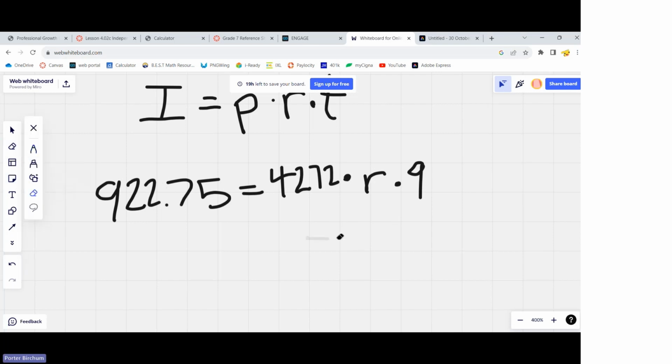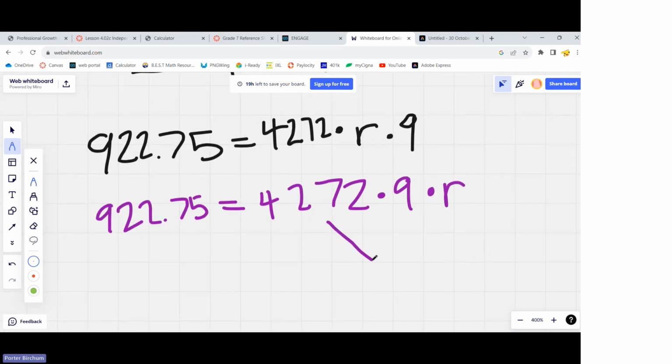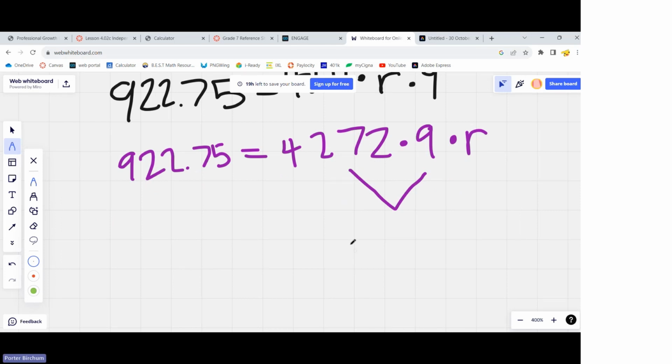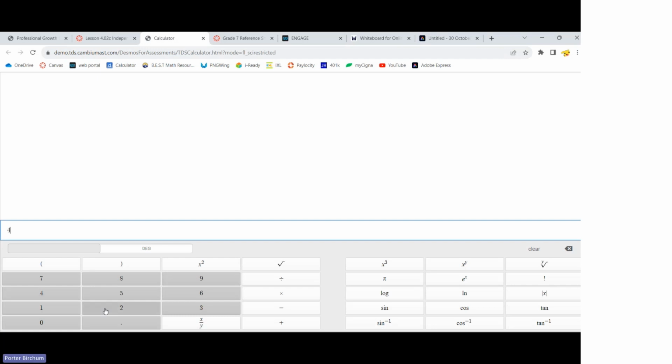I can do that because of the associative or commutative property of multiplication, where I can rearrange numbers without changing the meaning of the math sentence. 922.75 equals 4272. So I'm going to multiply these two. 4272 times 9 is 38448.